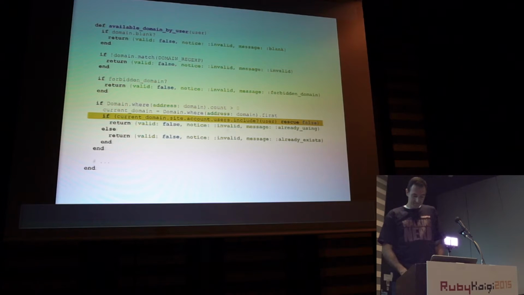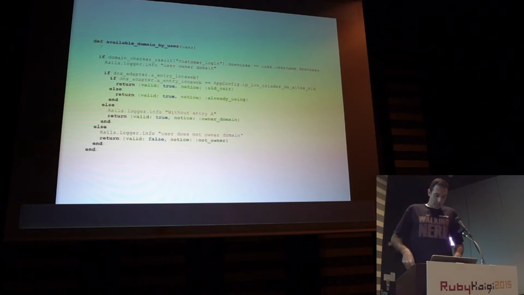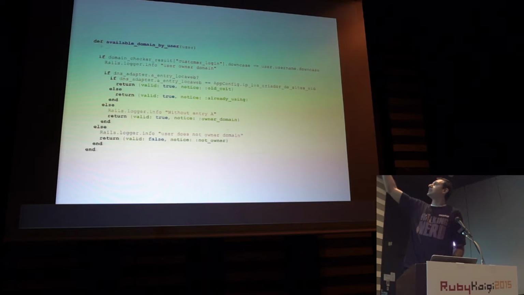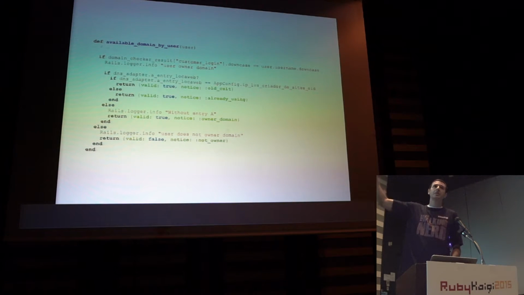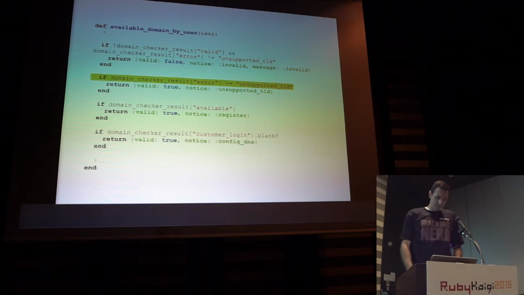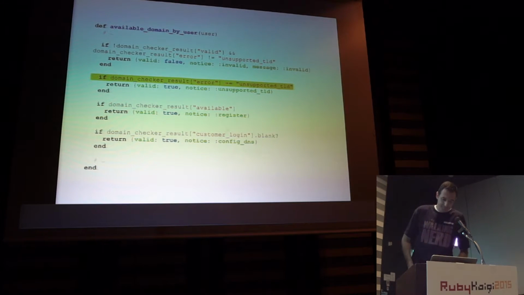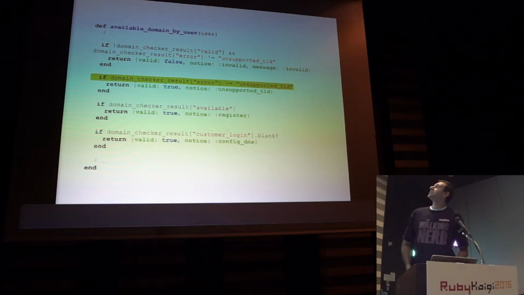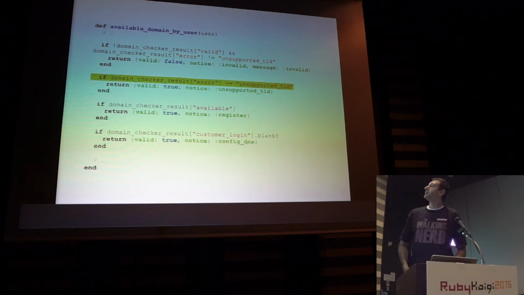So moving on, the method here, more ifs, with a lot of returns, okay? The same case in another class, return with else. And here, we have a lot of conditions using the domain_checker_result variable value.